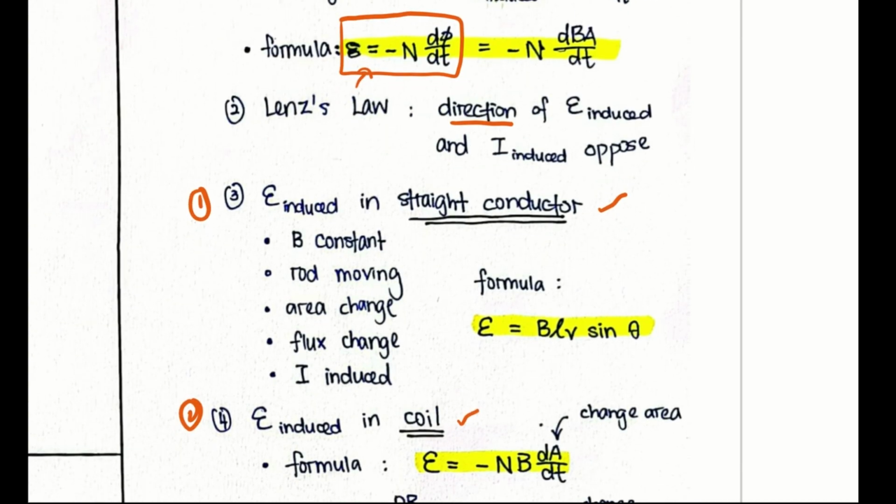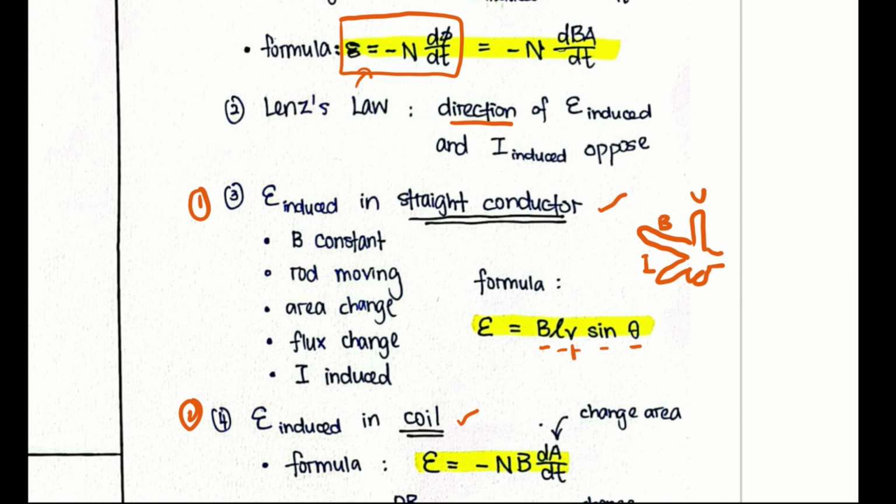From the derivation, for a straight conductor, you have EMF equal to BLV sin theta. To determine the direction of current, velocity, or the magnetic field, we apply the right hand rule, with terms representing V, B, and I. This is the rule you use to determine the direction of either V, B, or current.